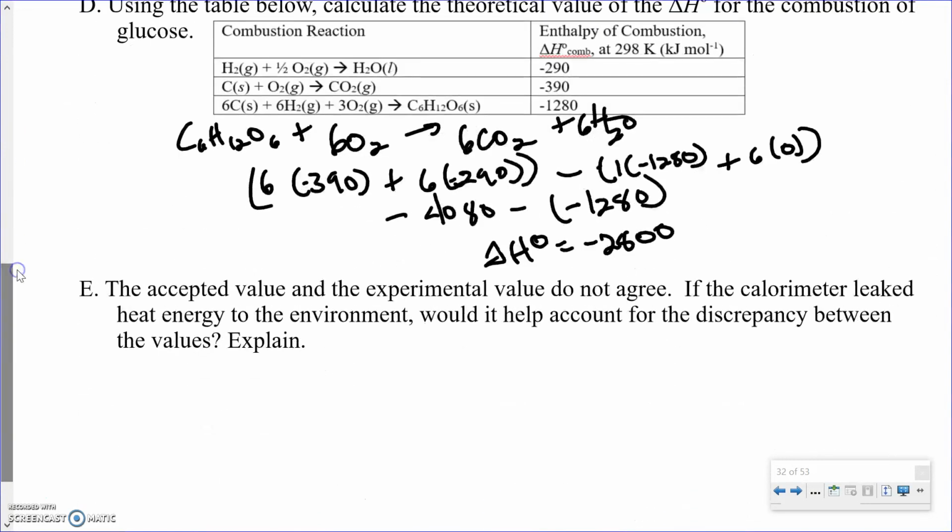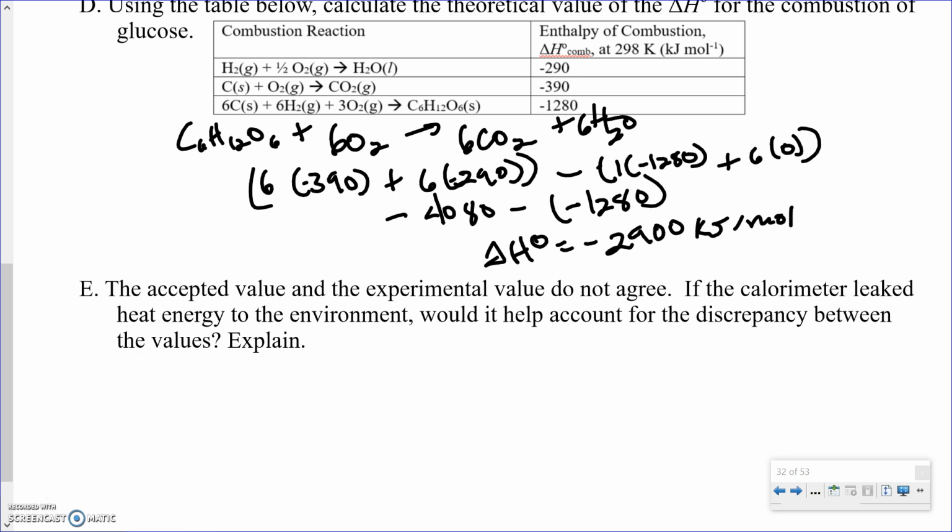But regardless, let's just pretend, okay, that this number instead of 2,800 is actually negative 2,900. Let's just pretend the actual delta H is higher than the one we calculated. So would the calorimeter leaking explain why that is the case?